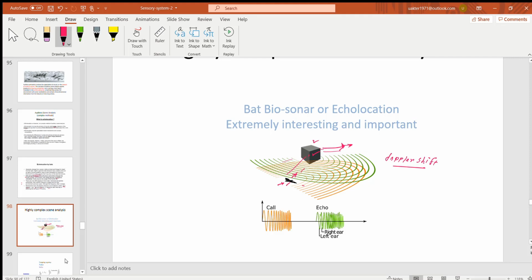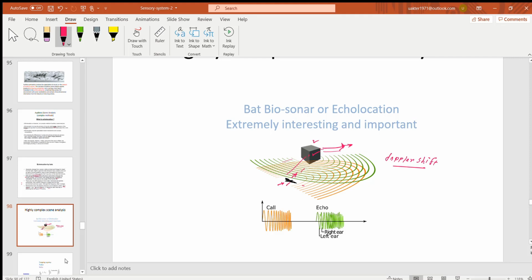That means the frequency decreases. So compression will increase the frequency, and that means that you are approaching the object, and the opposite is you are going away from the object, so the frequency will decrease slightly and the wavelength will increase.